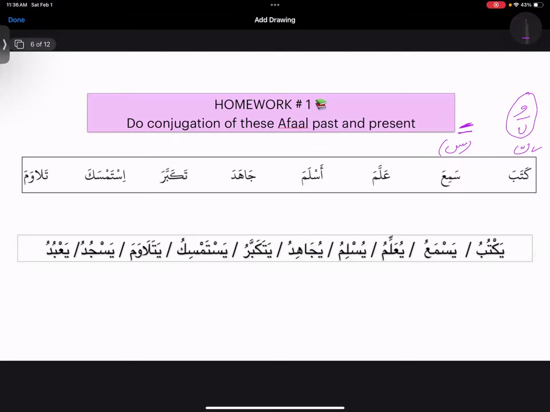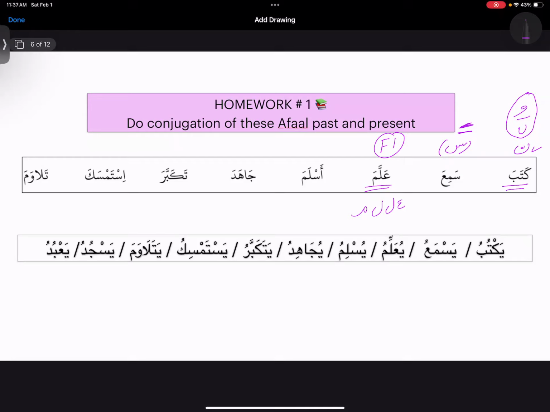Okay, now we have the word Allama. Does it look like it has three letters? No. This is Mazid Fihi. It has Ain, Lam, Lam, and Mim. So it is not family one, because family one has only three root letters.